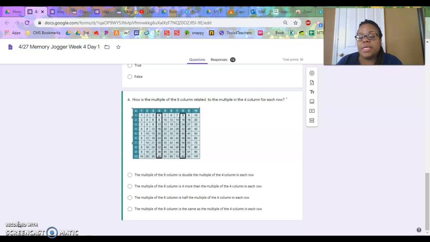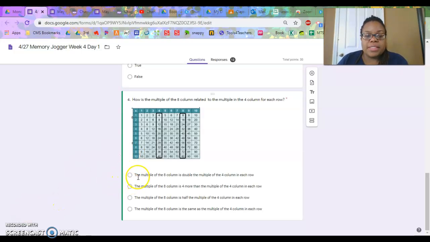So they really help me by identifying the multiples of 4 and the multiples of 8 using that rectangle. So then my next step is to look at my answer choices to see, well, which one of those goes along with what I visually see on this screen.